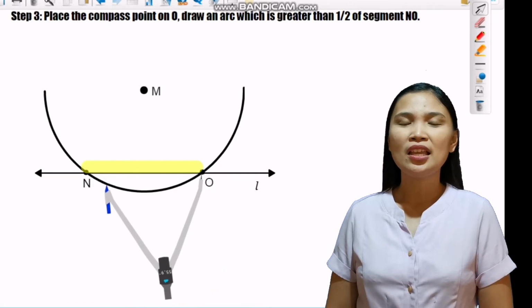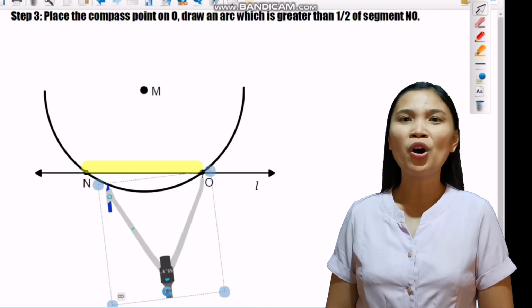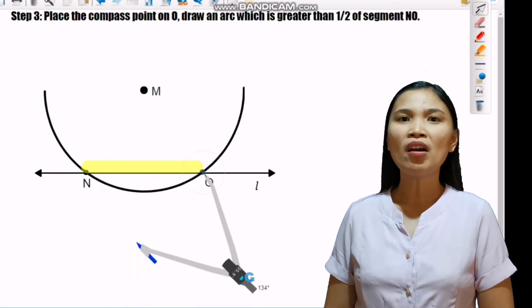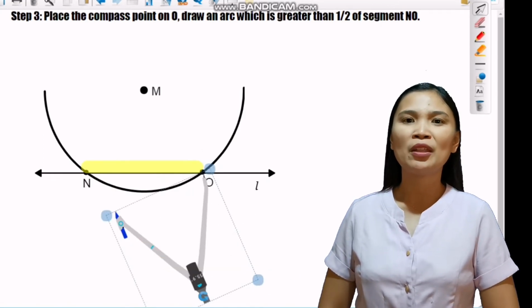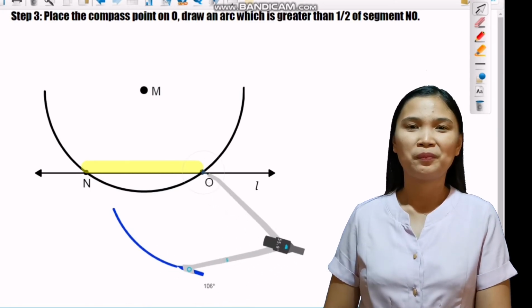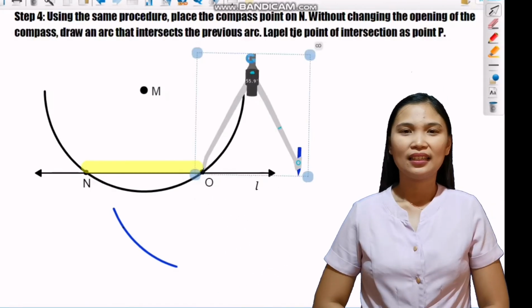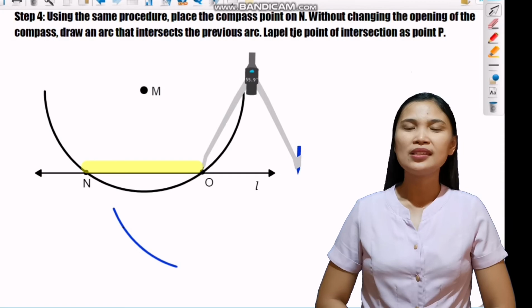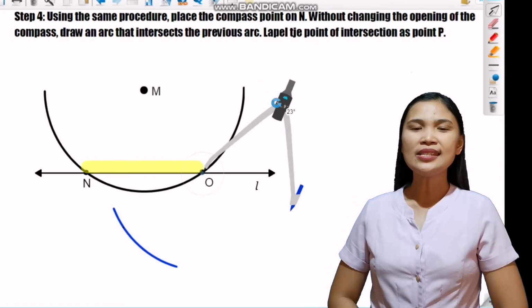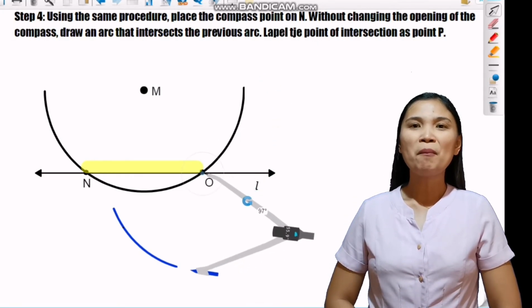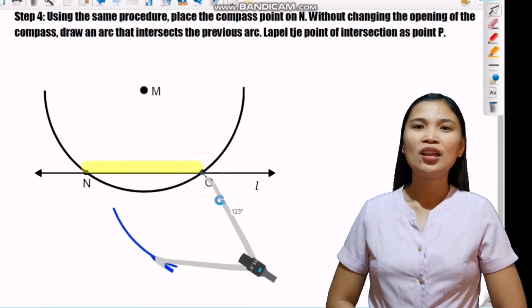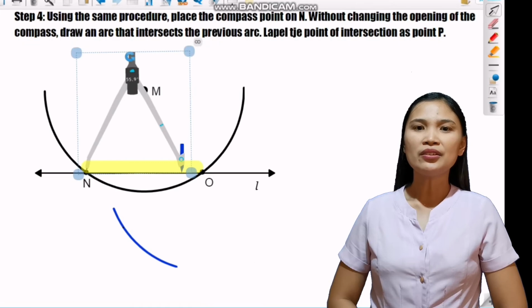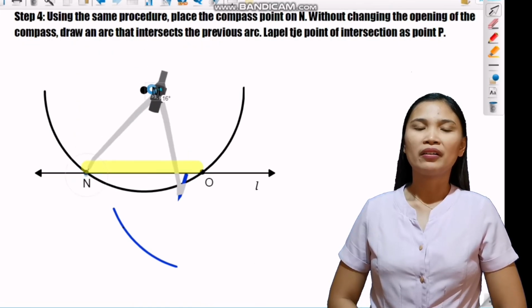Step 3. Place the compass point on O and then draw an arc which is greater than half of segment NO. Okay, so we have step 4. Using the same procedure, place the compass point on N and without changing the compass setting, draw an arc that intersects the previous arc.